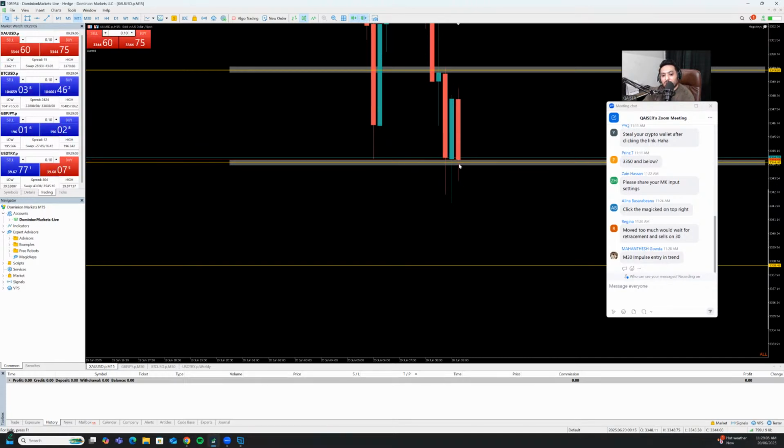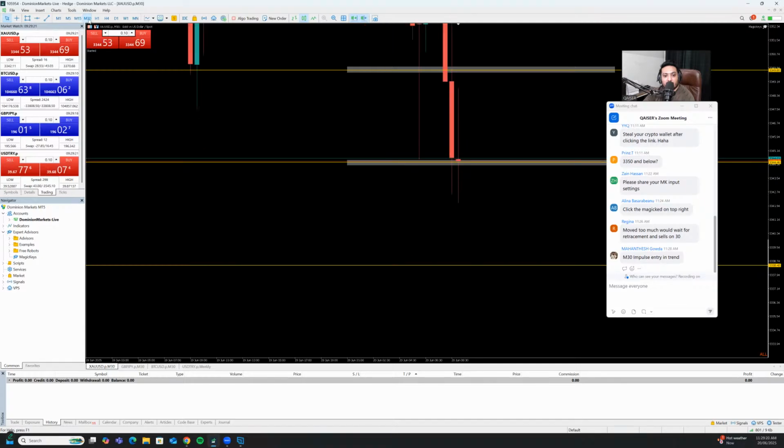And if it closes back into the range, then definitely we will start doing consolidation, and then we need to wait for the breakout structure. So just 1 minute left for the candle to close. This 1 minute might give us some kind of confirmation.